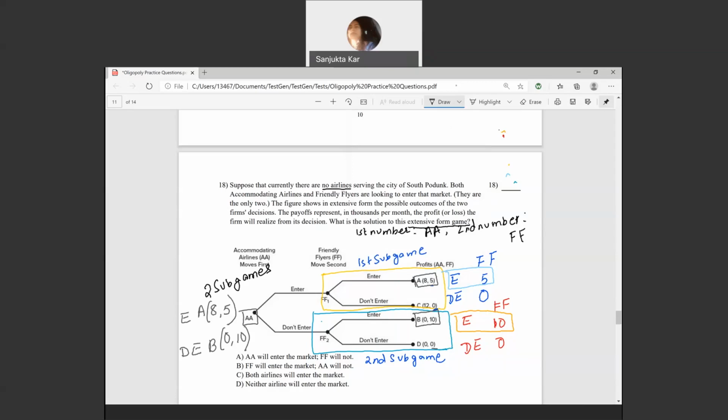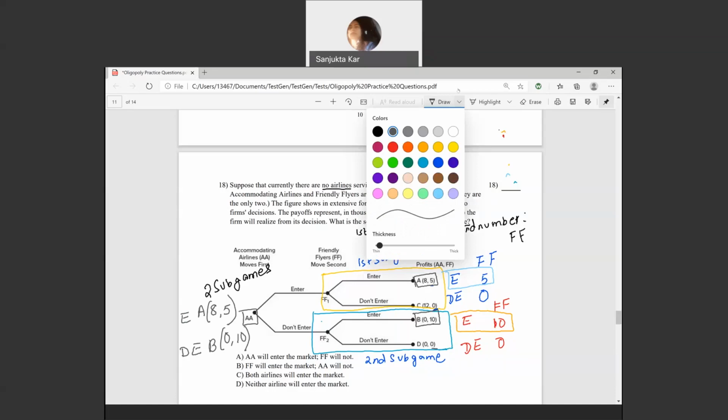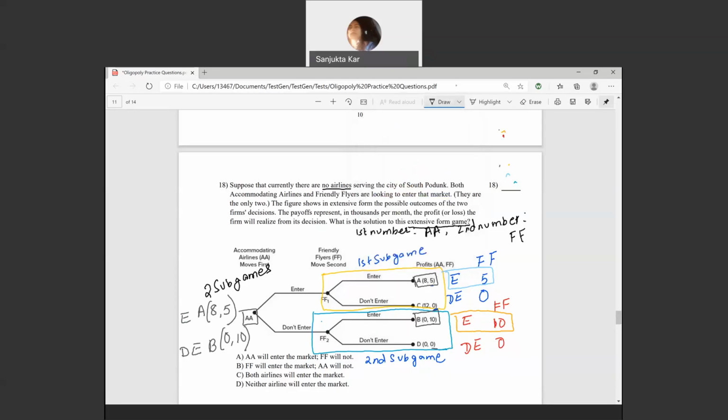Now AA has a choice between which two numbers? AA has a choice between 8 and 0. Remember, the first number is for AA. AA is definitely going to choose cell A over cell B, because 8 is greater than 0.